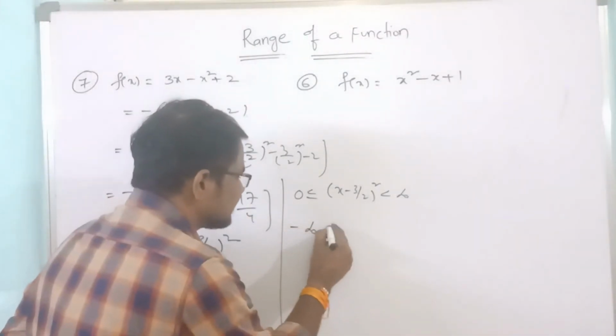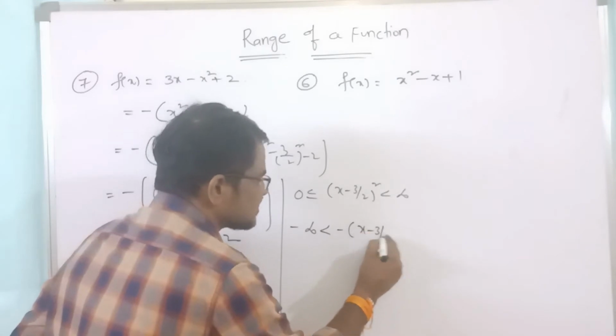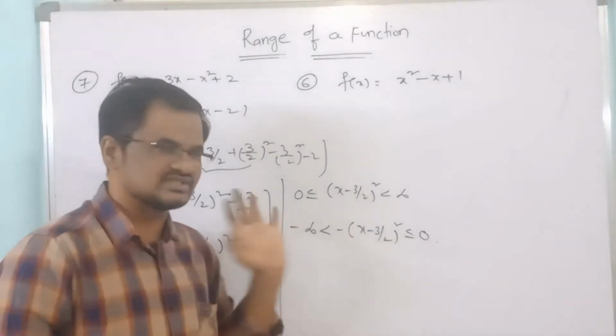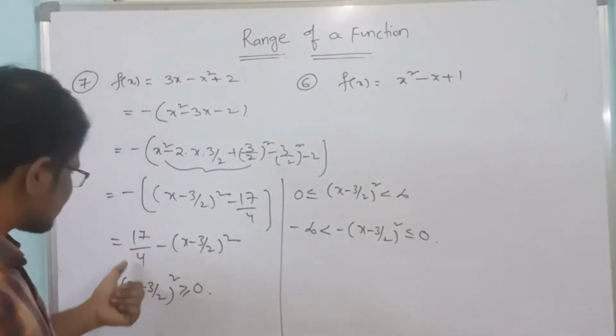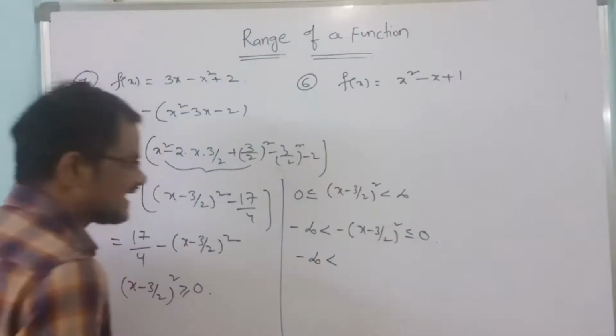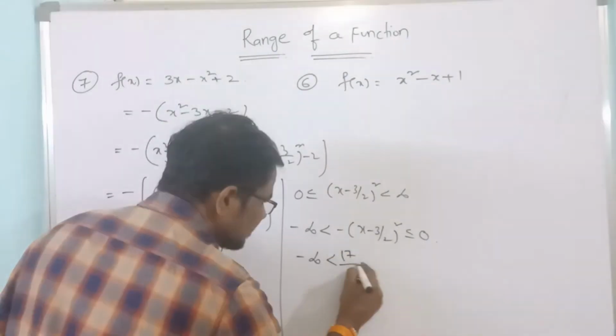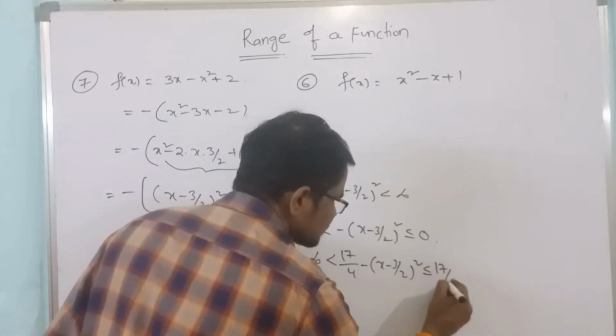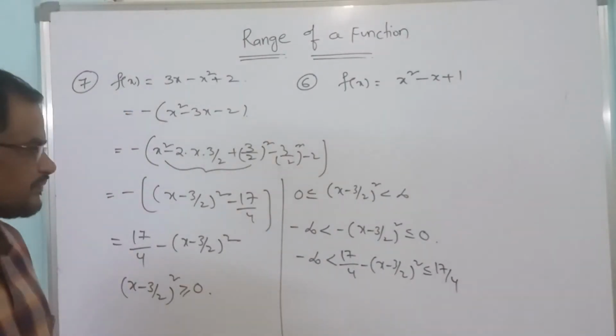So minus infinity less than minus x minus 3 by 2 whole square less than or equal to 0. If you multiply with minus, the inequality will change. Now again add 17 by 4: minus infinity less than 17 by 4 minus x minus 3 by 2 whole square less than or equal to 17 by 4.